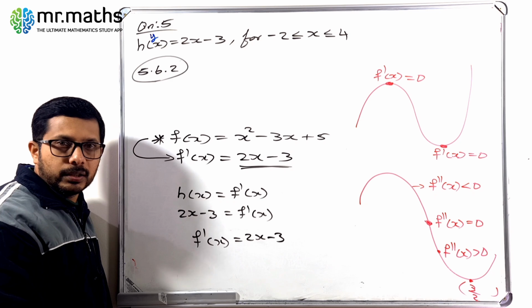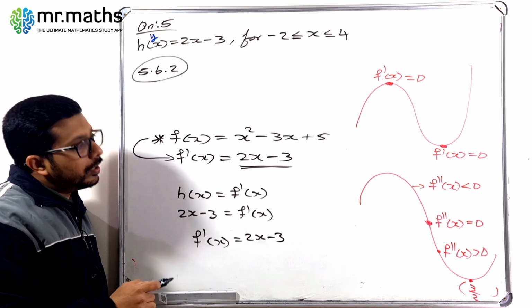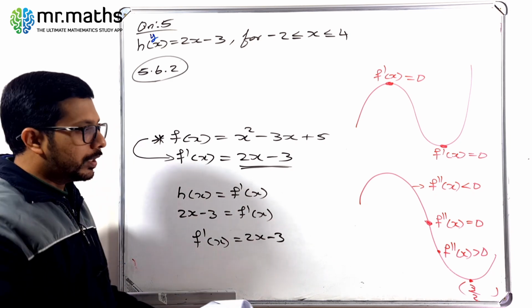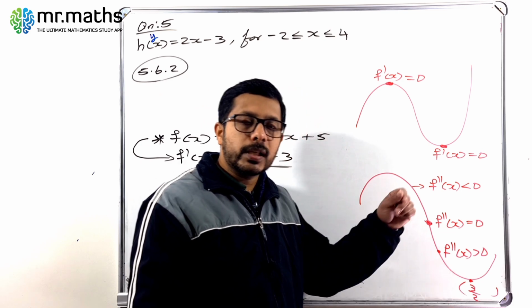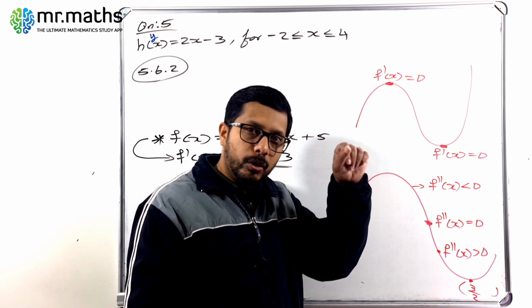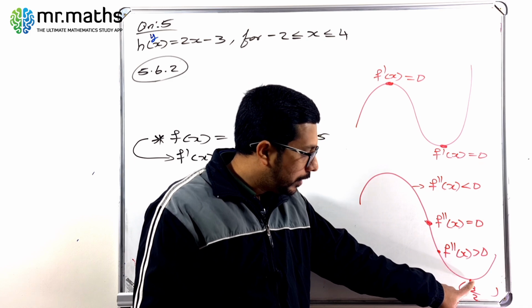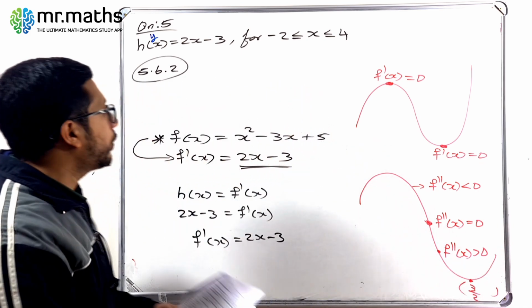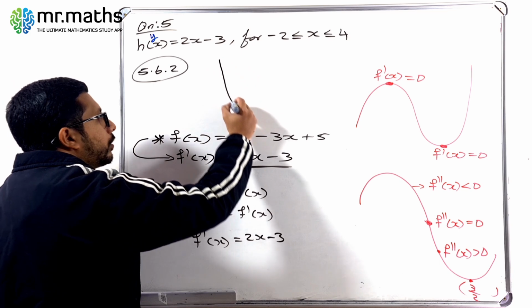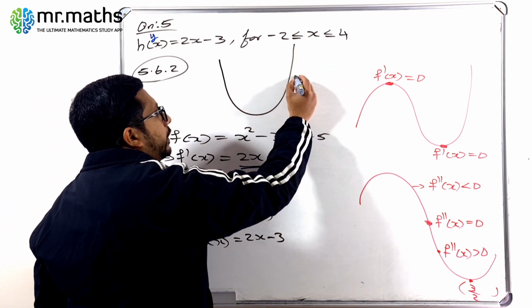It's a quadratic function. In the previous question we already proved that f of x has a local minimum. That means the shape of the graph is like this. So in our question the shape of the quadratic graph f of x is like this.